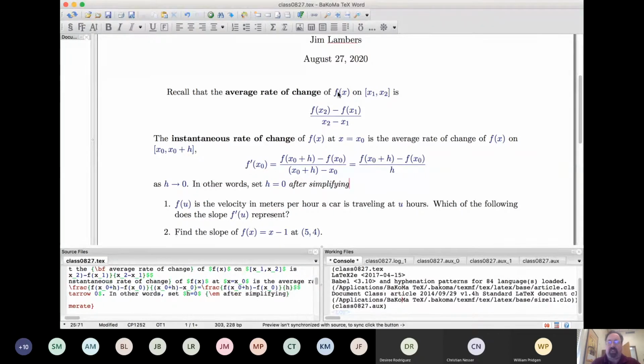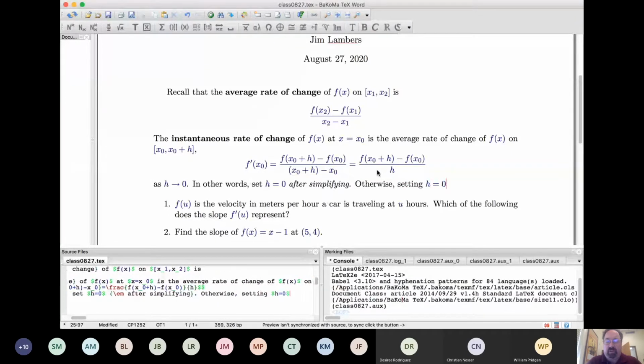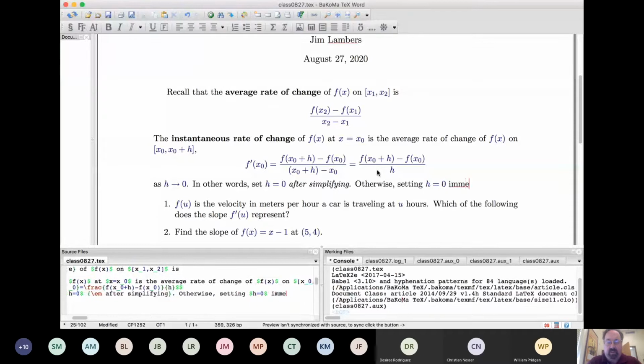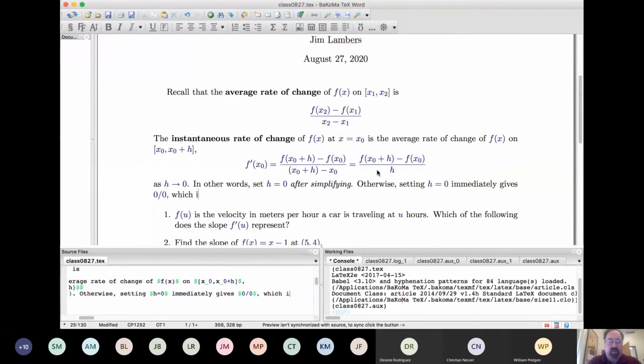So in other words, if I fill in a particular function f, like f of x equals x squared, which I will do in a little bit, then through algebraic manipulations, I can get something here where it is feasible to set h equals 0. So to explain what goes wrong if you don't simplify first, setting h equals 0 immediately gives 0 over 0, which is called an indeterminate form.